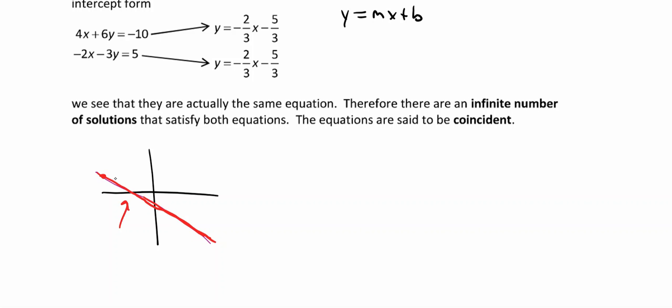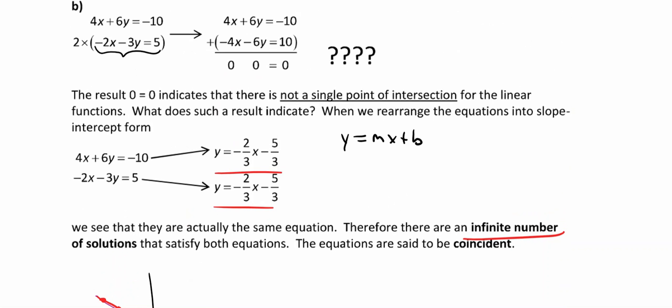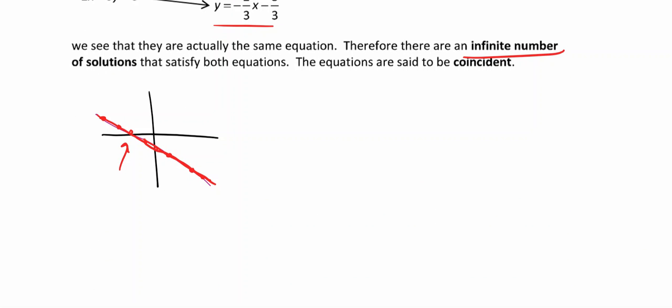Any individual point along the line is a solution, so there's actually an infinite number of solutions, stacked on top of each other. If they end up being the same equation, or if you solve and get 0 is equal to 0, then the system has an infinite number of solutions. Another way to say that is that the equations are coincident.